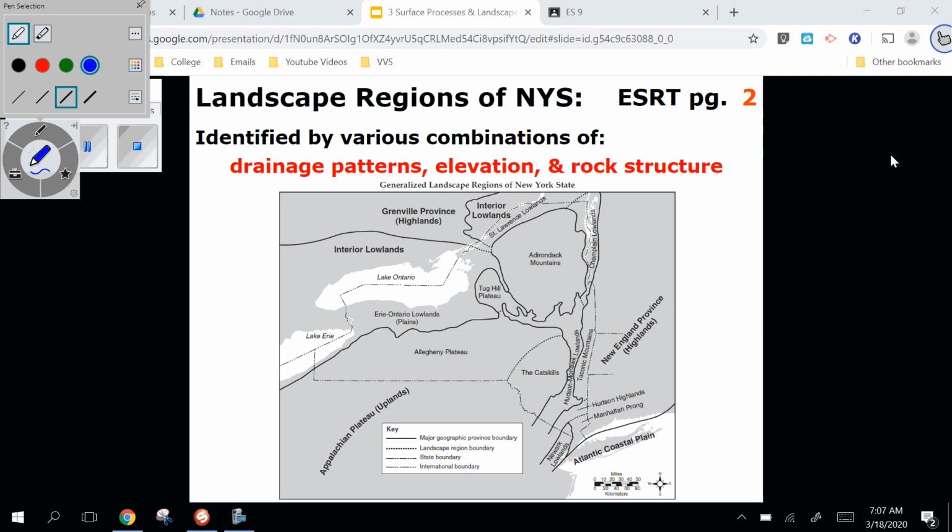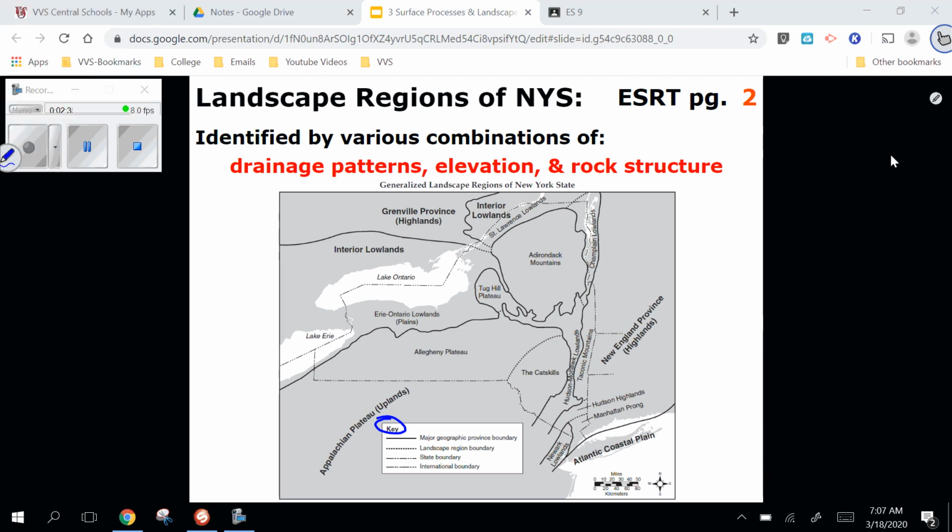So if you look down here, we've got a little key that talks about things. The solid line separates the major geographic regions. So for example, we've got a line here that separates the Allegheny Plateau from the Erie, Ontario lowlands.